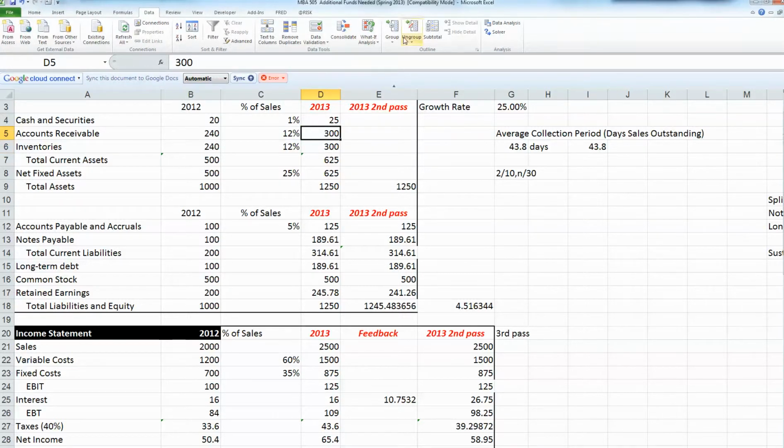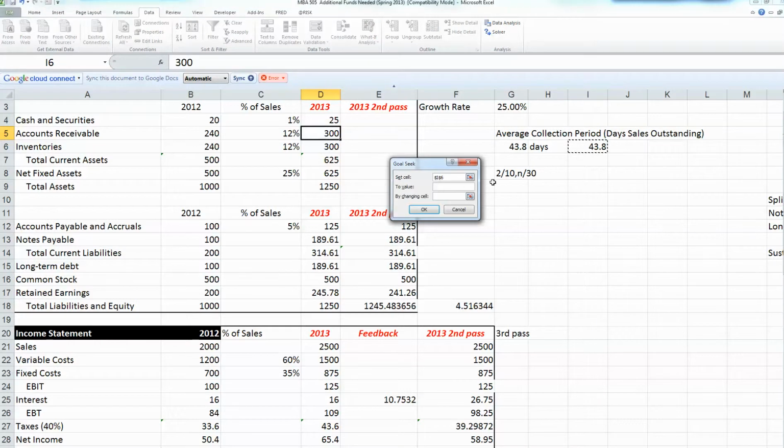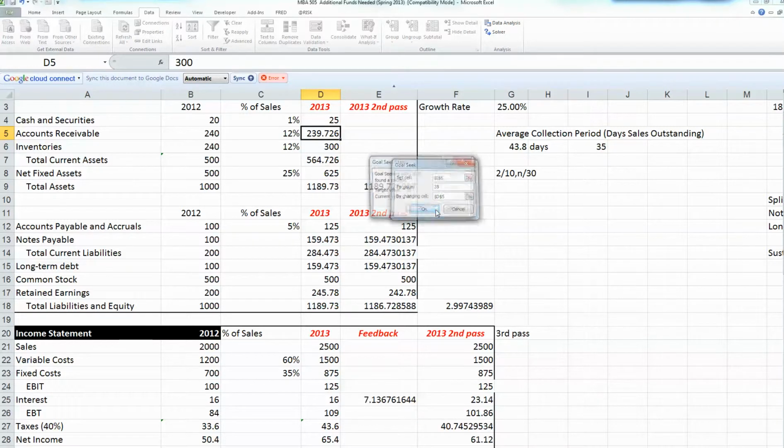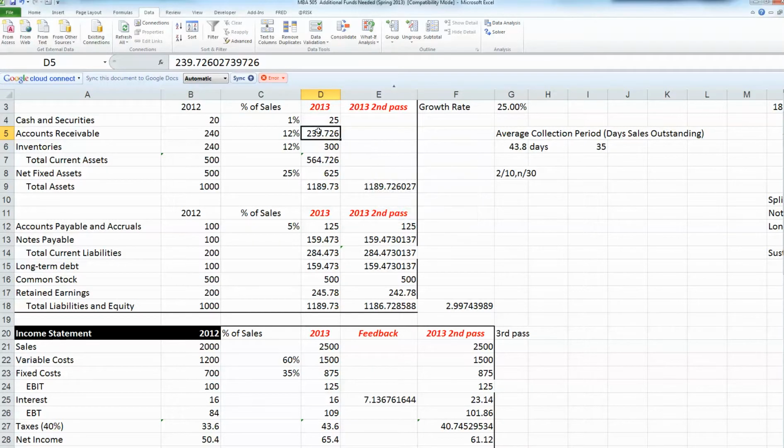And now I can go back to What-If, Goal Seek, set this cell to 35 by changing my accounts receivable. And it's essentially saying that if I do institute more strict policies on the people who are paying late, and I can manage to get my average collection period down, accounts receivable wouldn't pop up to 300. They would actually stay right about where they were before.